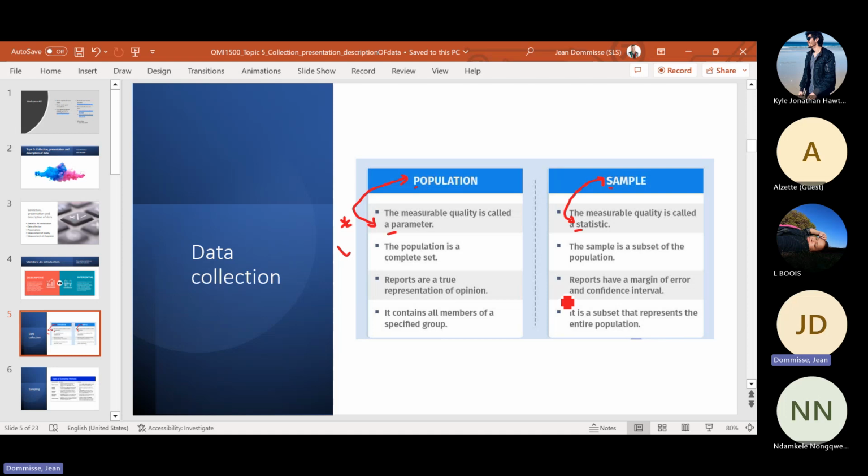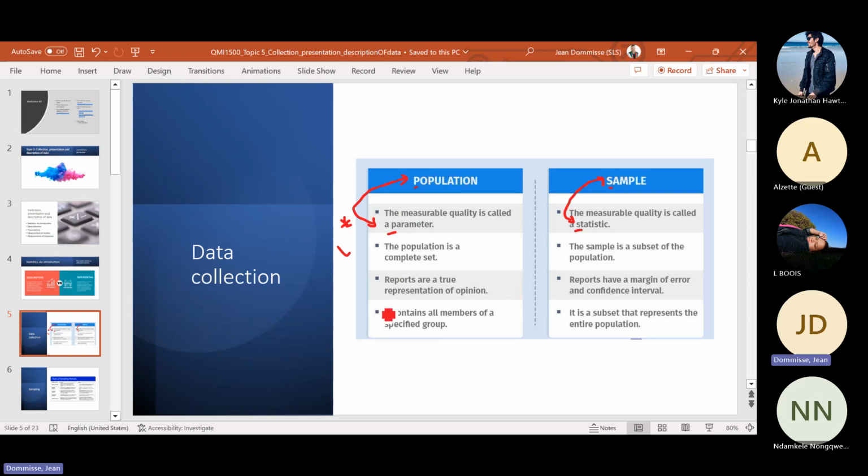So what we will normally say is this sample gives us 95% confidence that it is very similar to the population. All that is saying is that we are 95% confident that the sample looks like the population. So that is where we bring in things like confidence intervals or margins of error.